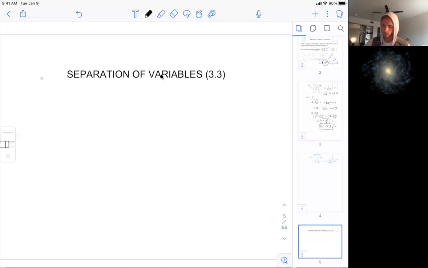Someone might ask, let's say you want a general solution for the Laplace equation, and you propose the solution is some function of x times some other function of y times some other function of z.